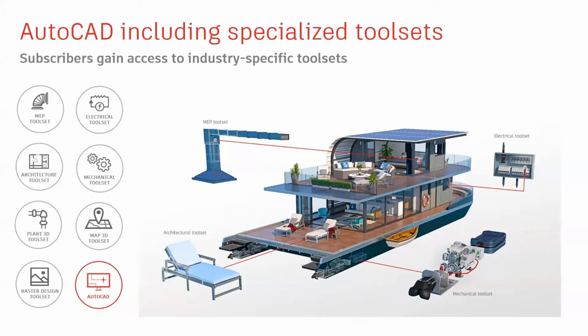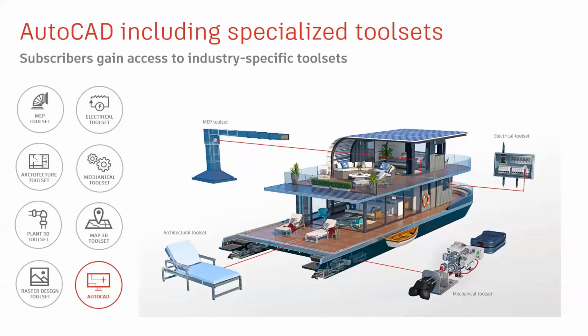Here on the right side, we see the plan of a boat, and it's connected with the architectural toolset, the MEP toolset, the electrical toolset, and the mechanical toolset, and the things that can be built or designed by these toolsets. If you ever wanted to create such a boat or a building with floor plans, interior, ventilation, circuits, as shown on the right side, of course you can do that, and you can create them with the core AutoCAD and draw the whole building or boat just with single lines and blocks.